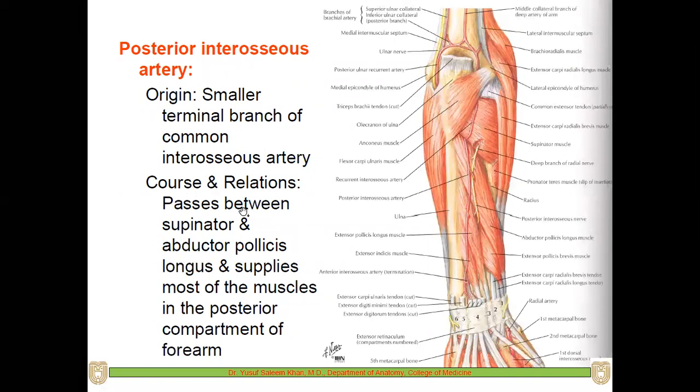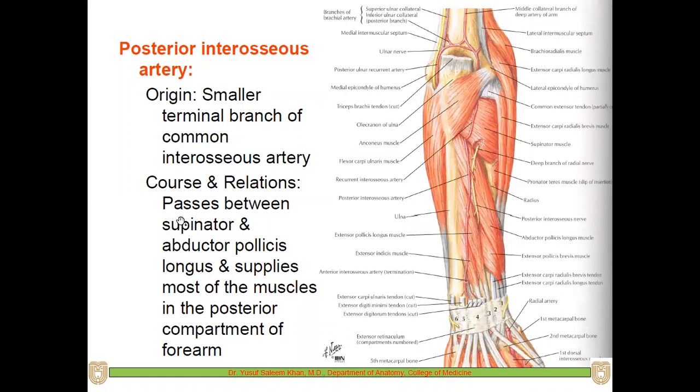Okay, it passes between the supinator as well as the abductor pollicis longus. If you see here, this is the anconeus, and here is the supinator muscle. So it is coming deep to the supinator muscle, and this goes above the abductor pollicis longus. If you see here, this is the muscle called the abductor pollicis longus.